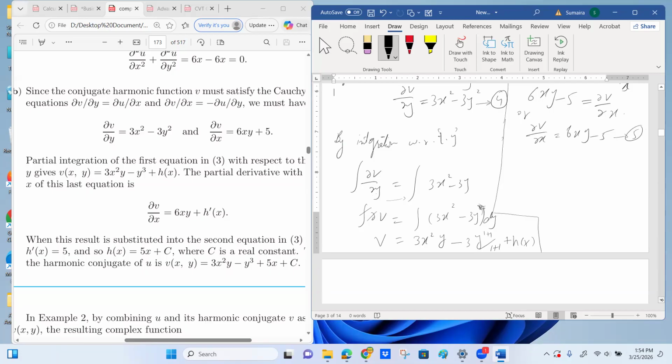So here we find v is equal to 3x square y, minus 3y square, with power 2 plus 1, minus 3y cube over 3, plus h of x.